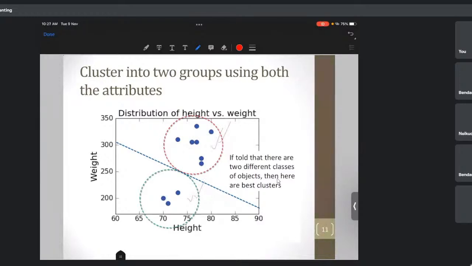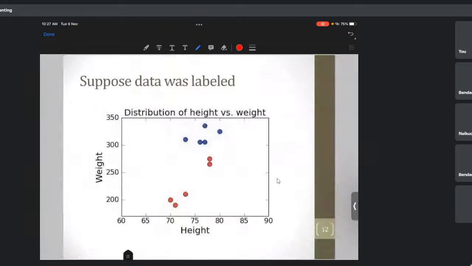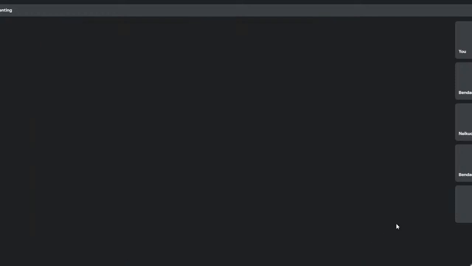But once you have this model, you are interested to test whether some additional data will fit into it or not. So this is the unlabeled group, and this is the labeled group. That means it is given that these points are linemen, these points are receivers. Here we are not considering the labels.